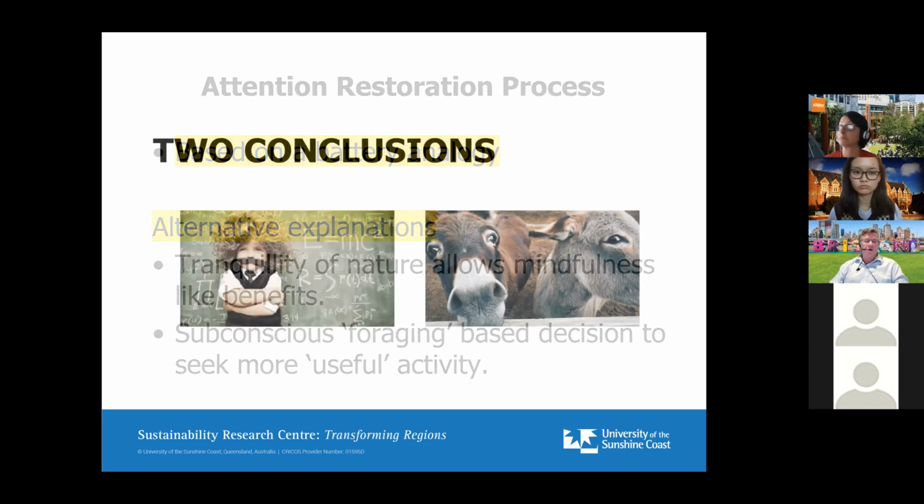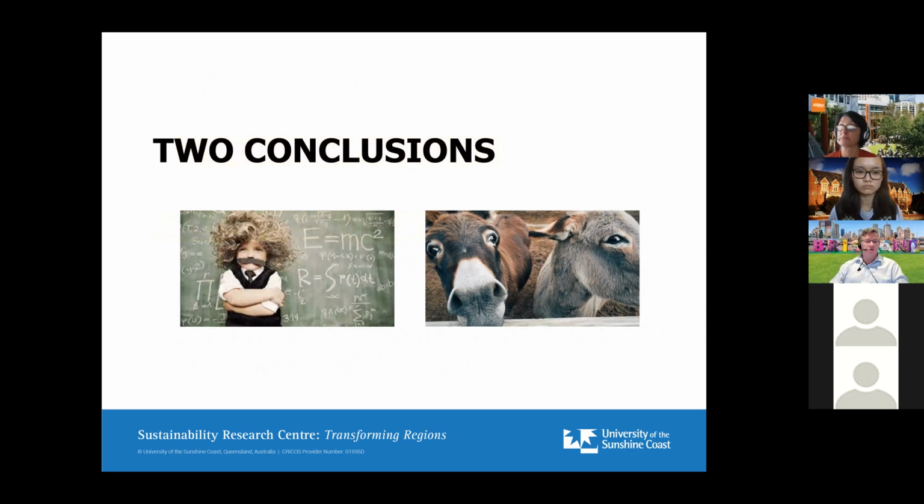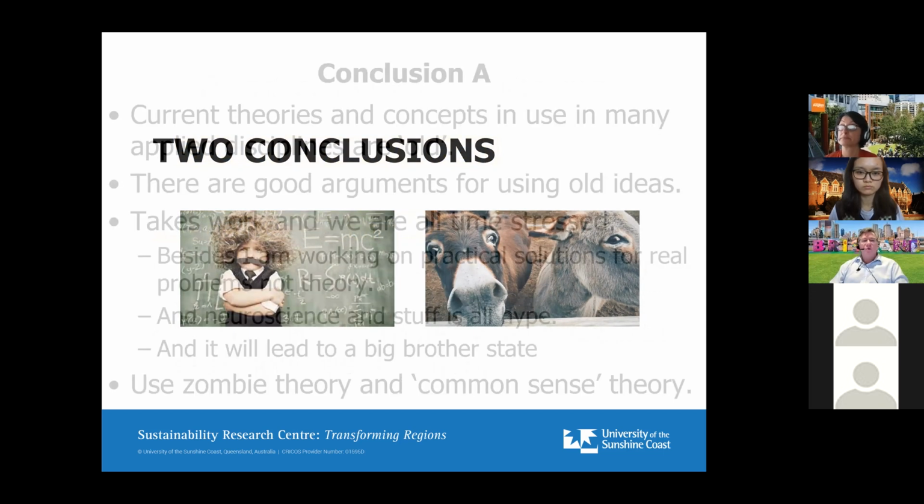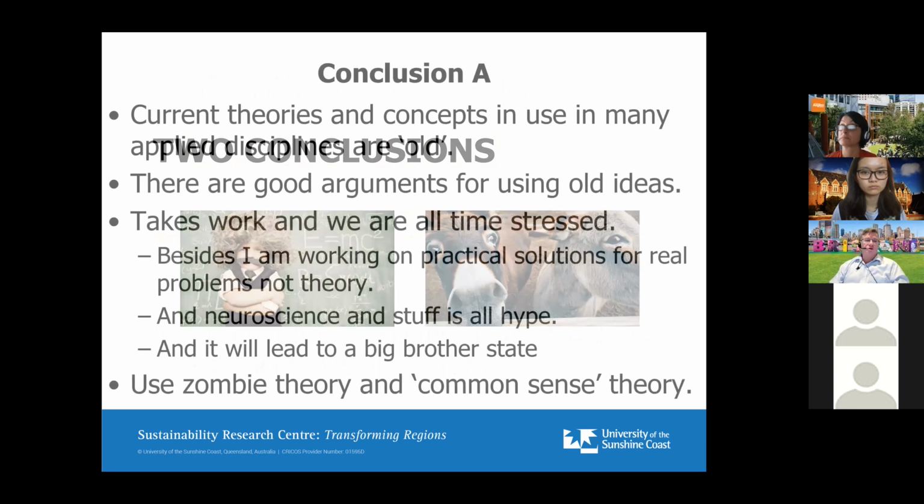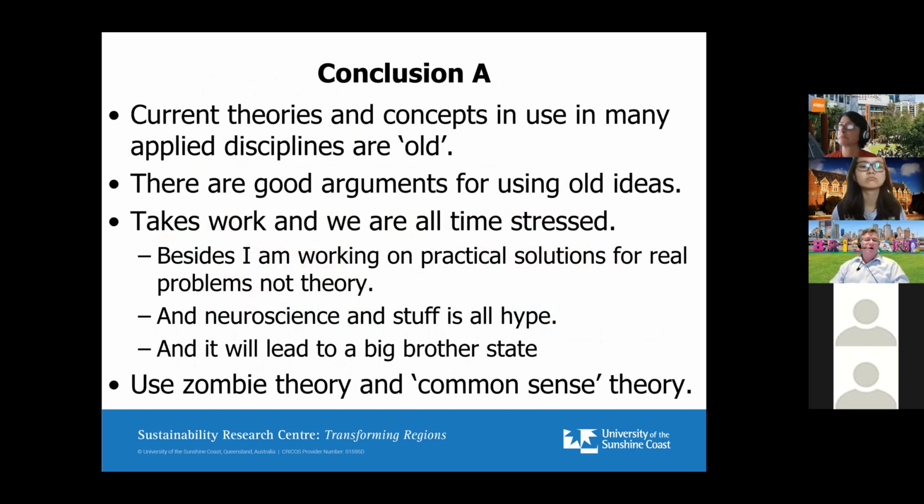So bottom line, what are my conclusions? Two conclusions. One, what we can do as researchers is we do know that current theories and concepts in use in many applied disciplines are old. There are good arguments for using old ideas. I mean, you see that in many papers. Theory of planned behavior. It takes work, and we are all time stressed. Besides, I'm working on practical solutions for real problems, not theory.